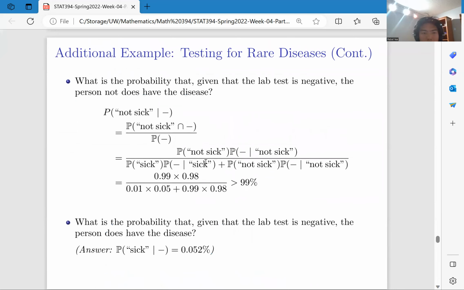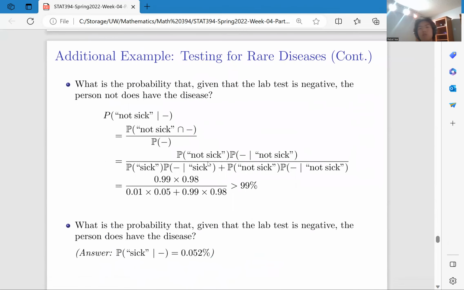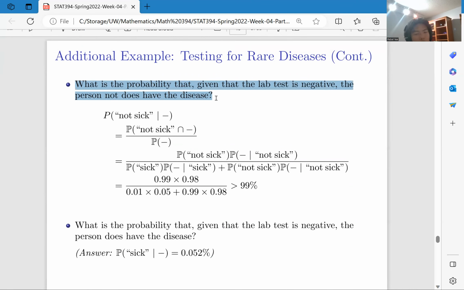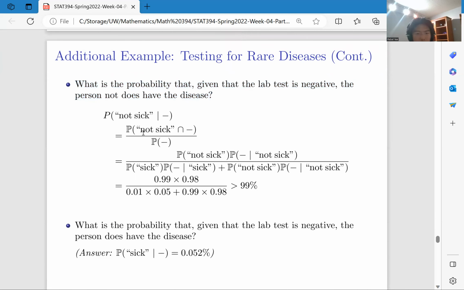So let's use one additional example. The example is the same, still the real disease testing. But now we want to find out, given that the test is negative, what's the probability that the person does not have the disease? This is equal to not sick given negative.